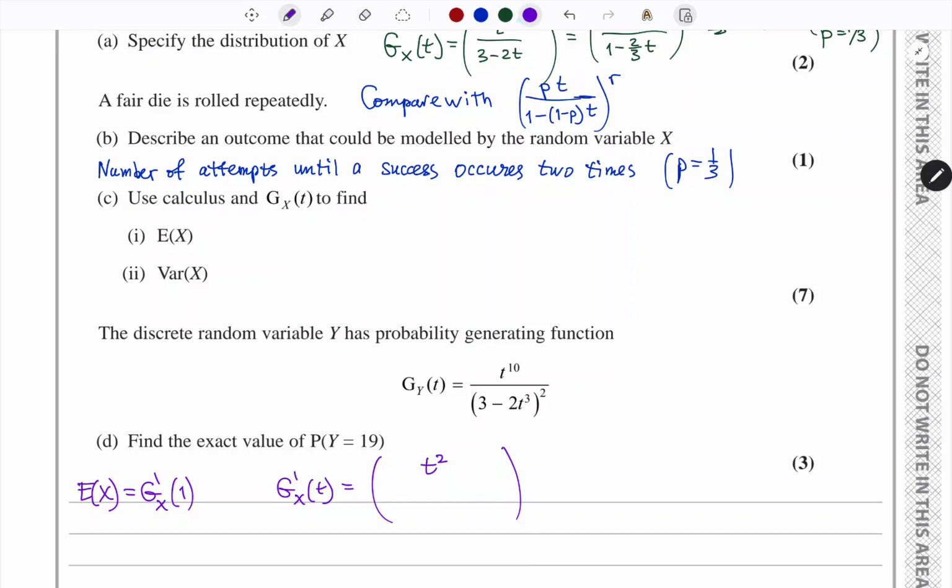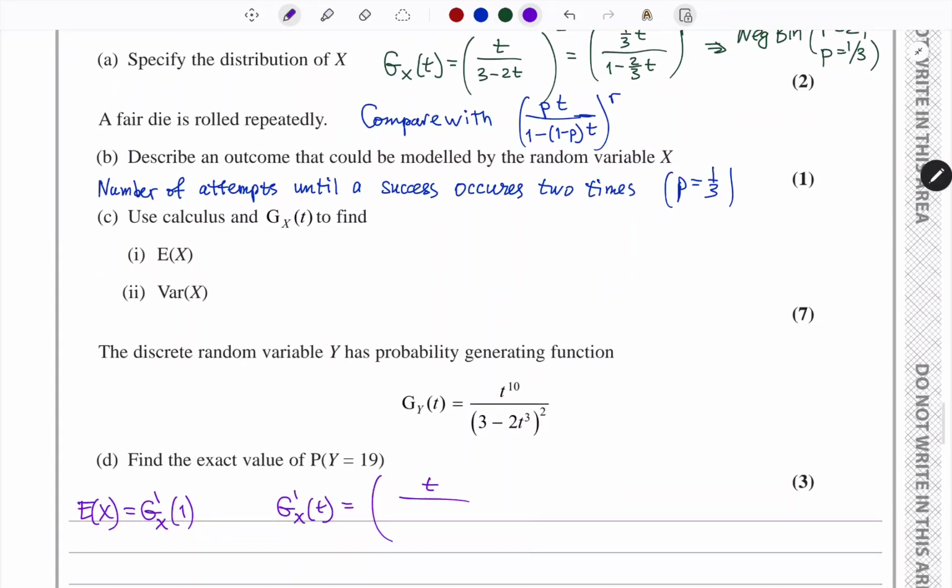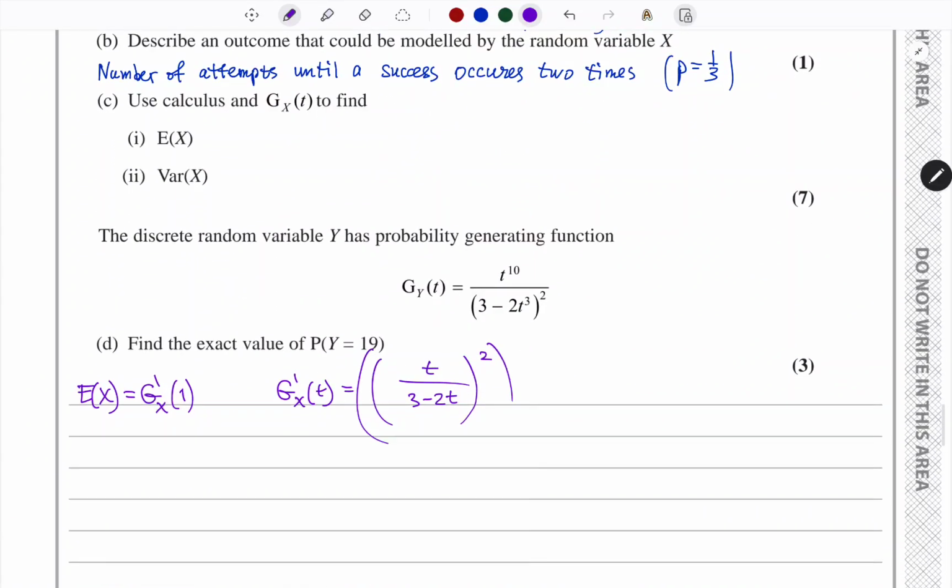So t squared. Oh, let's write it this way. t divided by 3 minus 2t, squared. And then we differentiate. Yeah, so we first differentiate the outer function of squaring. So 2 goes down. I rewrite the base. Its power now becomes 1 less, but then I multiply by the derivative of the argument using the quotient rule. It's 1 times 3 minus 2t minus t times derivative minus 2, divided by 3 minus 2t squared.